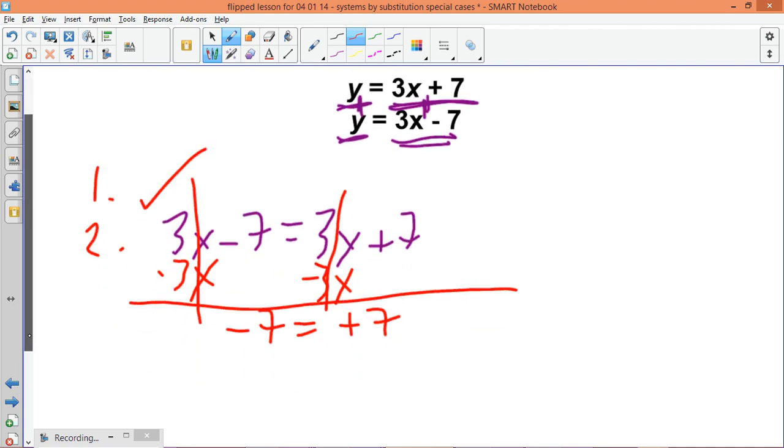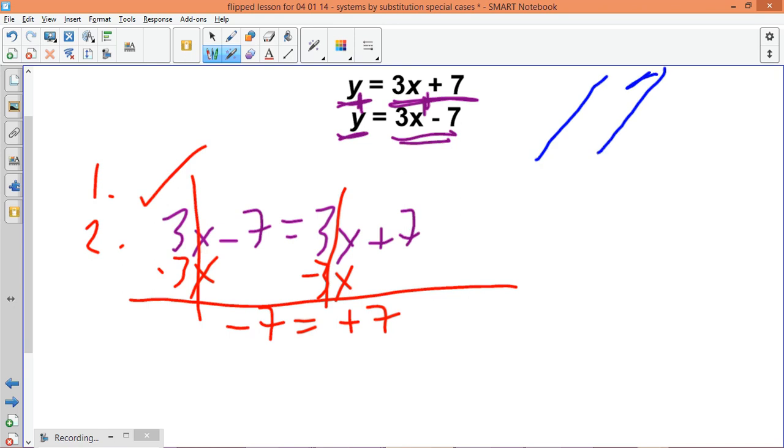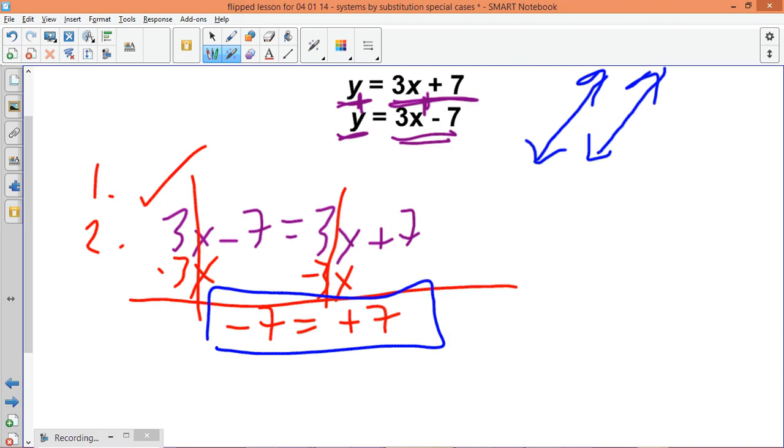Now, let me ask you very carefully. For what values of x does negative 7 equal positive 7? The answer is that's a trick question. Negative 7 never equals positive 7. So what happens when we have parallel lines that never have an intersection is when we try to solve by substitution, we will wind up always with something like this, meaning something that cannot happen.